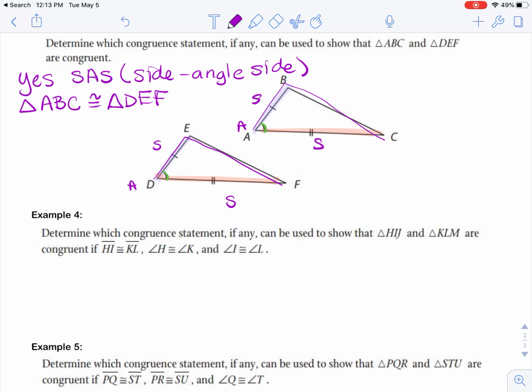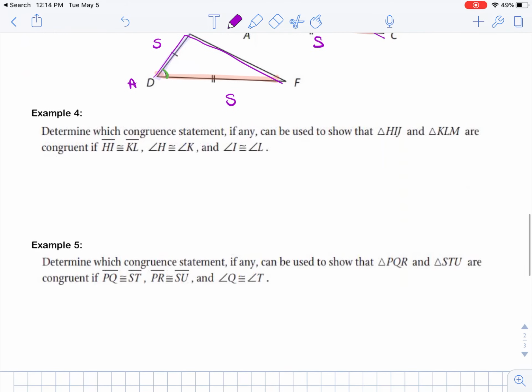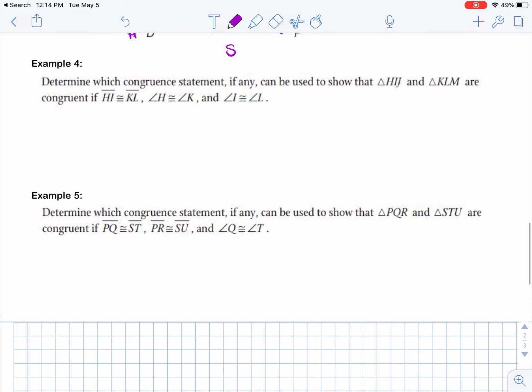So the last two do not have pictures. So my suggestion is to draw them always. So for number 4, it says determine which congruent statement, if any, can be used to show that triangle HIJ and triangle KLM are congruent. And then it tells me HI is congruent to KL, angle H is congruent to angle K, and angle I is congruent to angle L. So that's these 3 criteria we're going to have to mark on our pictures.